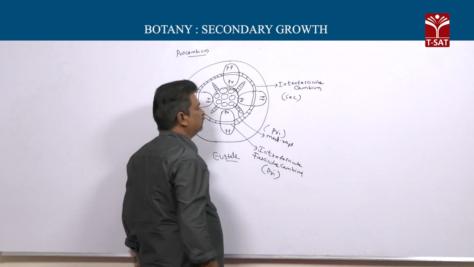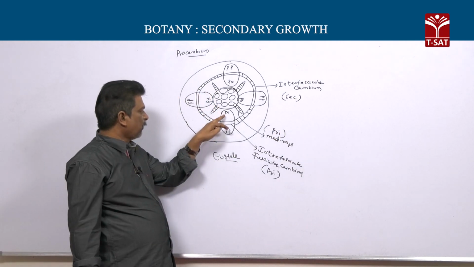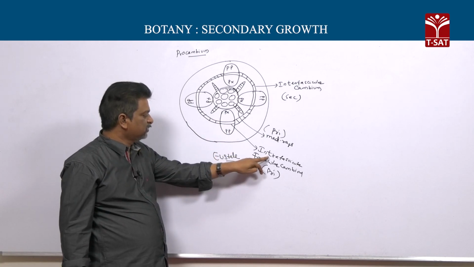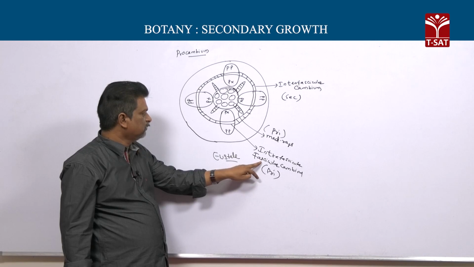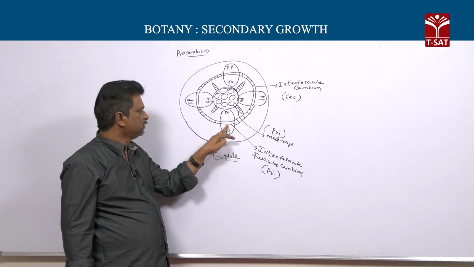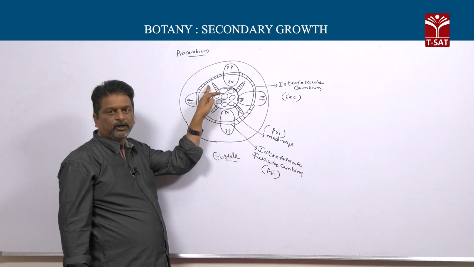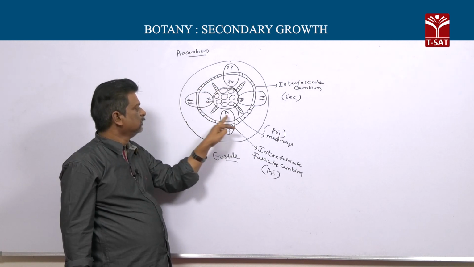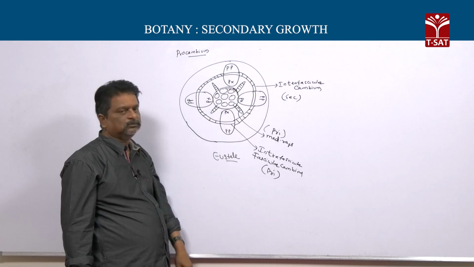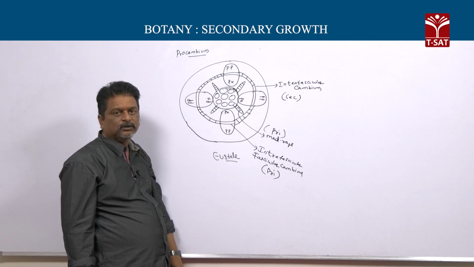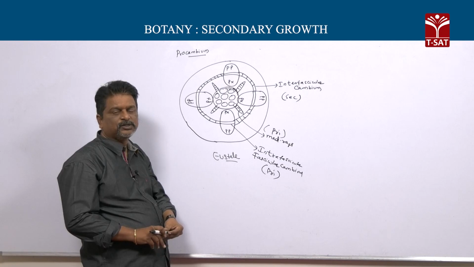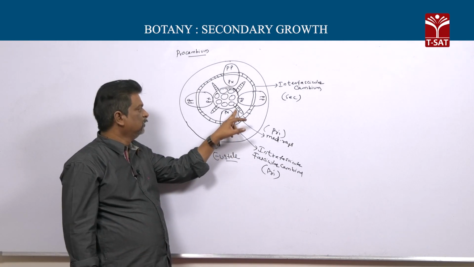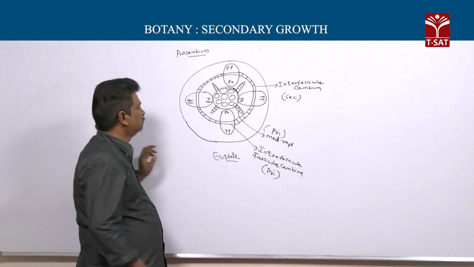So point is, cambium within the vascular bundle is intrafascicular or fascicular, which is primary. Cambium in between vascular bundles is interfascicular, which is secondary because it is produced by dedifferentiation from medullary rays.